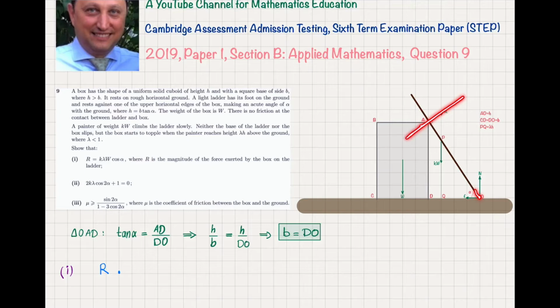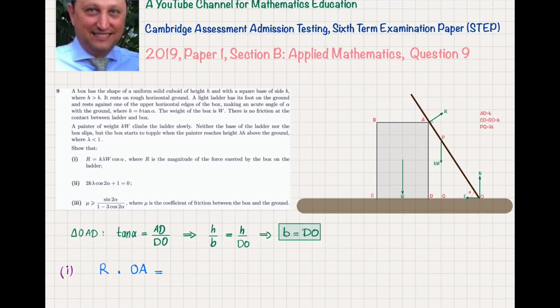So you see that this force R lies on this line, and the perpendicular distance from O to that line is exactly this distance, which is from O to A. So I would write R multiplied by the length OA. This should be equal to the torque of this force about the same point O.